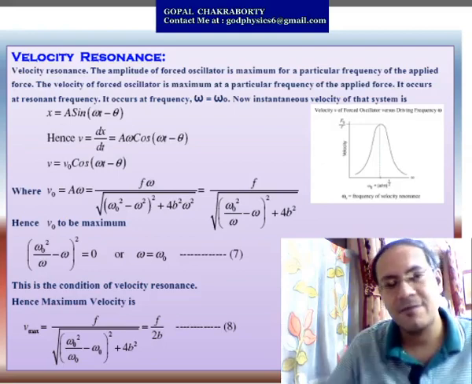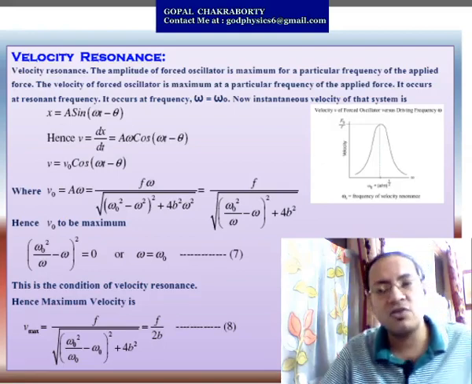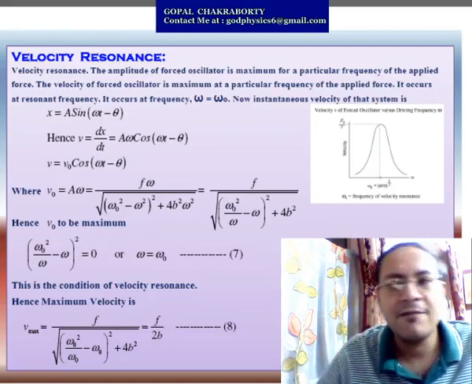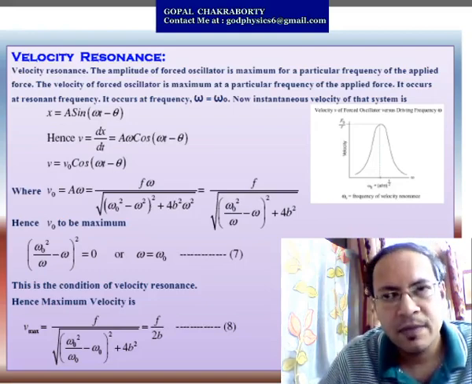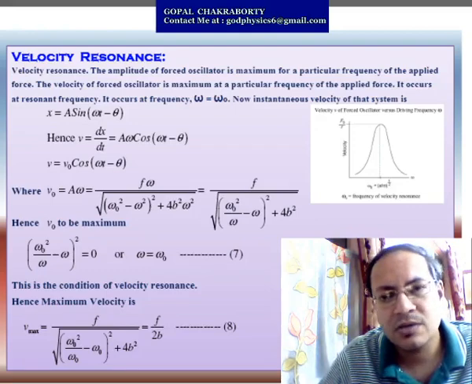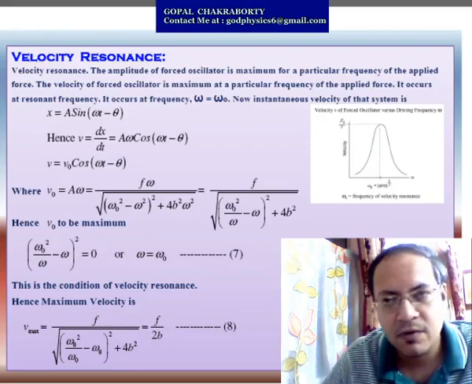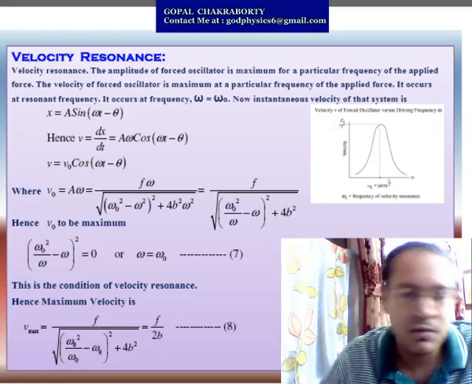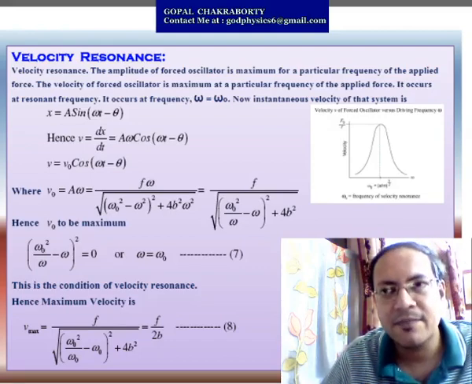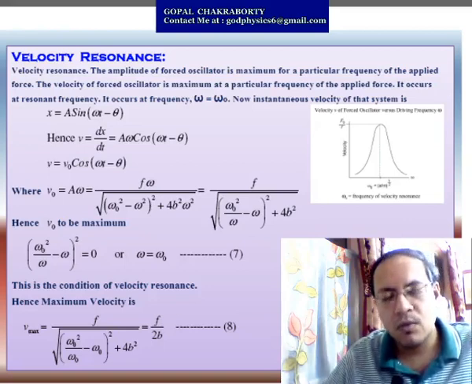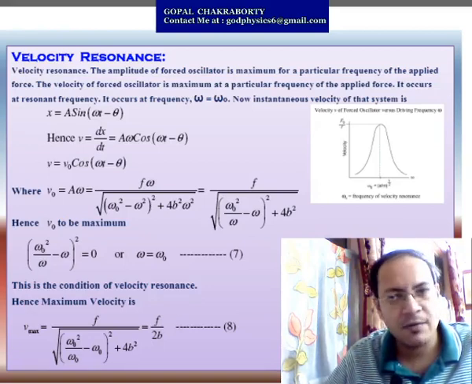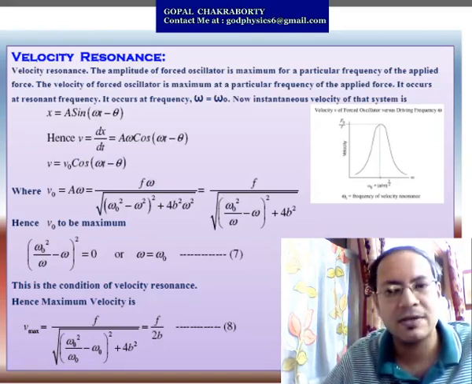So now if you substitute the value of the amplitude of oscillation, what will you get? You will get f omega by under root omega naught square minus omega square whole square plus 4v square omega square. So by rearranging you can write f under root within bracket omega naught square by omega minus omega whole square plus 4v square.